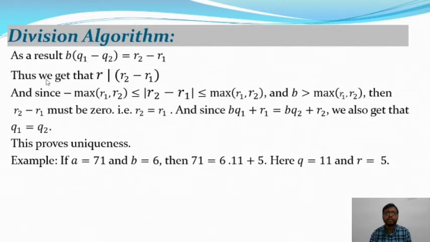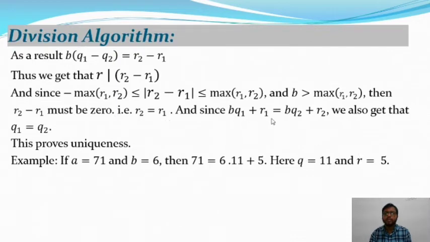Thus b divides r2 minus r1, and since minus max of r1, r2 is less than or equal to r2 minus r1, which is less than or equal to max of r1, r2, and b is greater than max of r1, r2, then r2 minus r1 must be 0. That is, r2 is equal to r1.